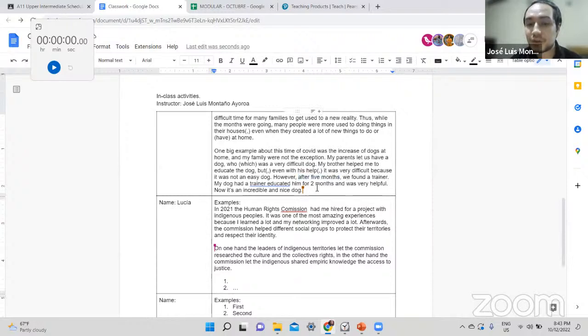Okay, we found a trainer. My dog had a trainer. Remember that after "have," if you want to use the causative verb, you use the base verb. Okay, had a trainer educate him for 2 months and was very helpful. Good, no commas before because you don't have another subject. And now, comma, because time expression, it's an incredible and nice stuff.